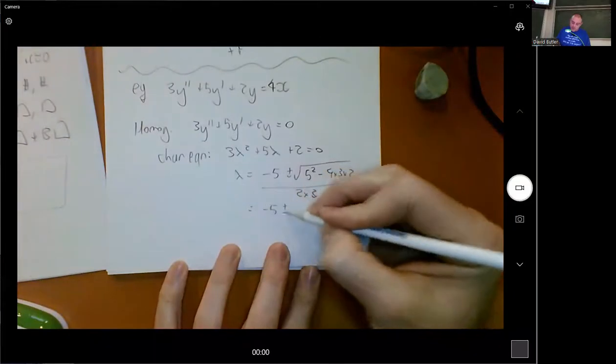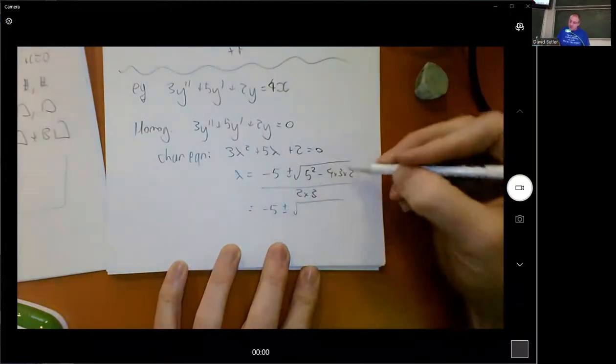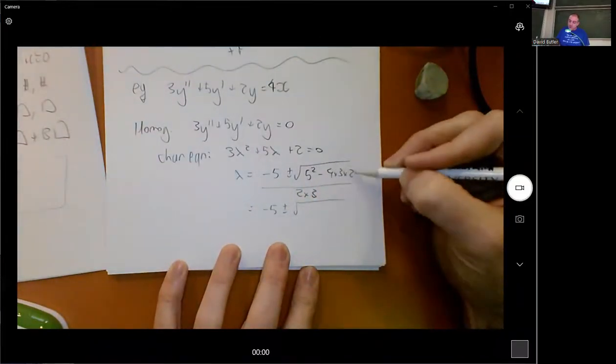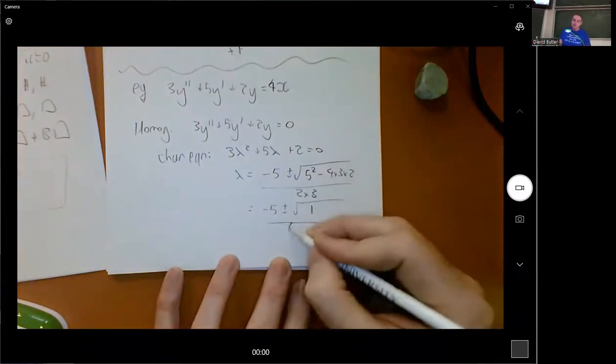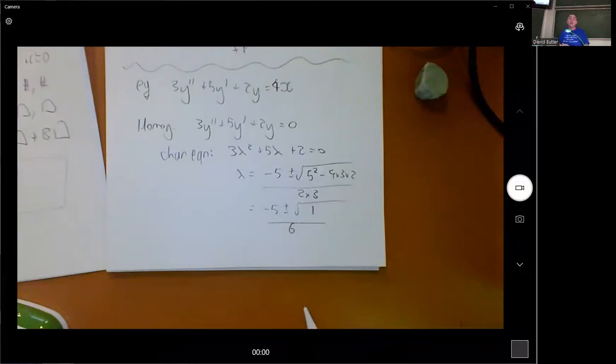Minus 5 plus or minus the square root of 25 minus 24, nice. And I will have you know, I didn't actually set it up that way. It just happened after I put the coefficients down.